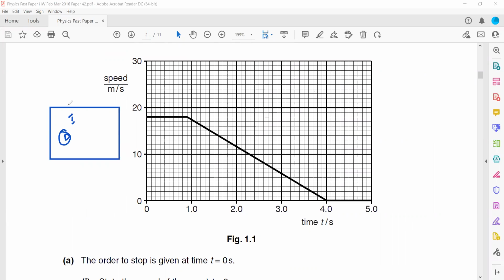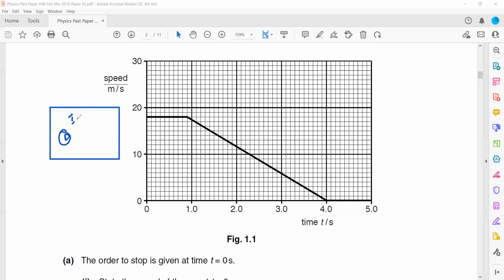As human beings, we have a reaction time, we take time to react to the order. Even when you want to stop something, for example you're driving a car and you see the signal and you think I should stop, when you're thinking you will take time to react, and that is called reaction time.